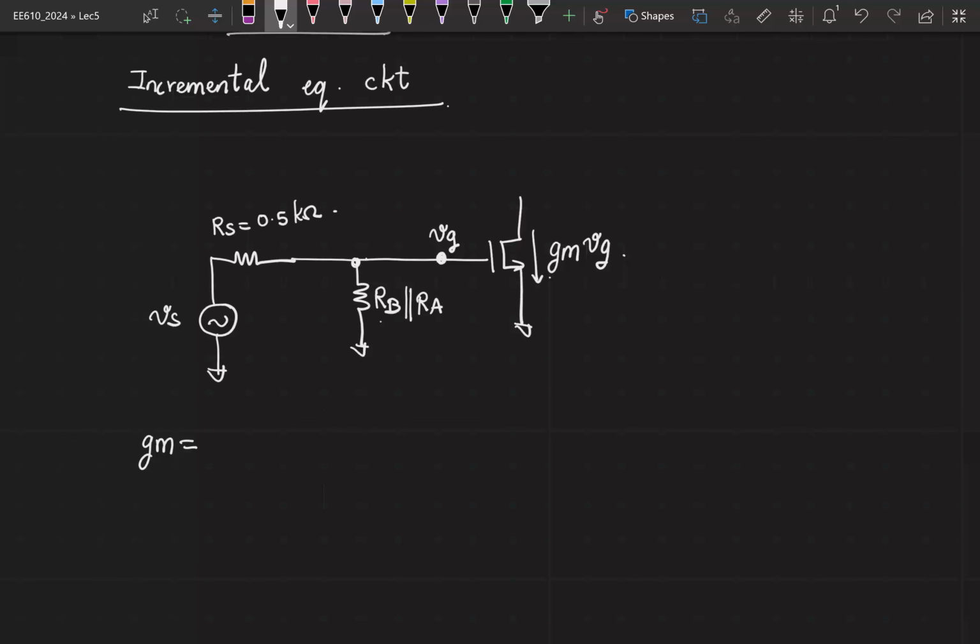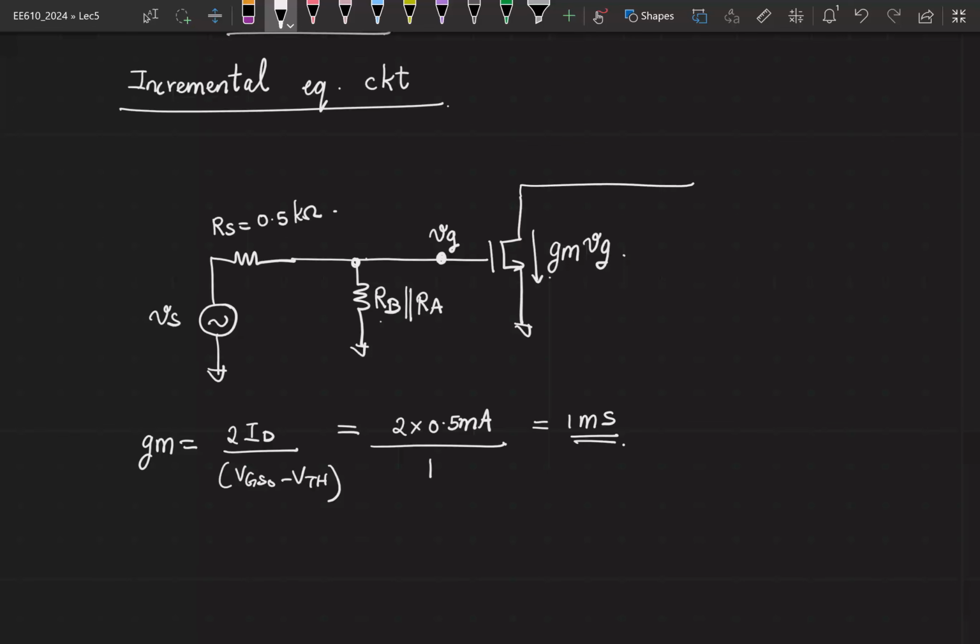What equation would you use here? Almost all the values are there, but it will be easier to use 2ID divided by VGS0 minus VTH. So this is 2 into 0.5 milliamperes divided by how much is VGS0 minus VTH? So this gives you 1 millisiemens.